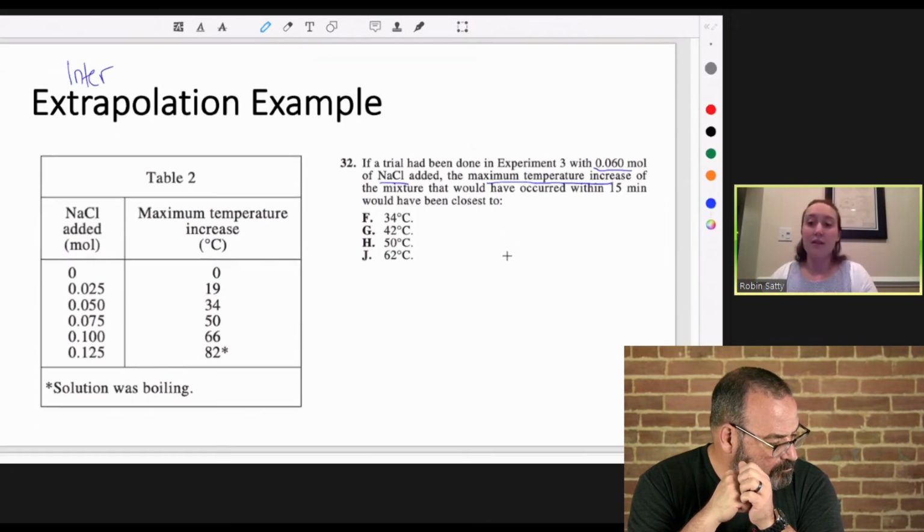Once again, the axes are in your question. Your answer is on the graph. Here it's a table, and here the answer isn't exactly there, but we can figure it out pretty easily from what's there.